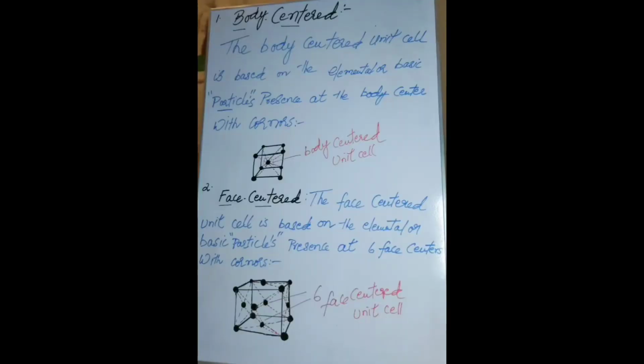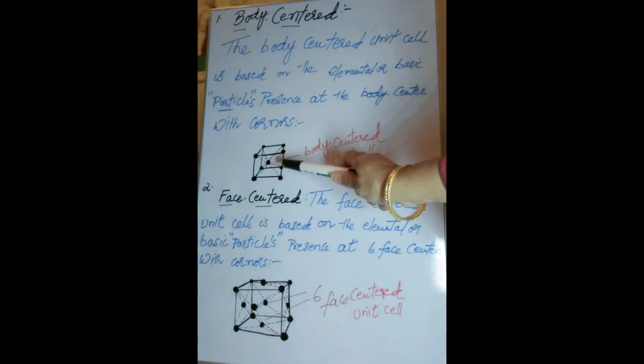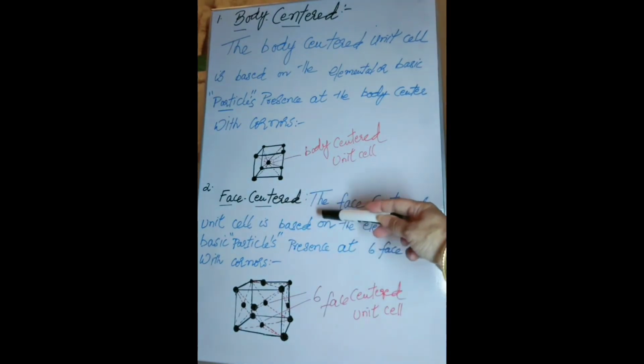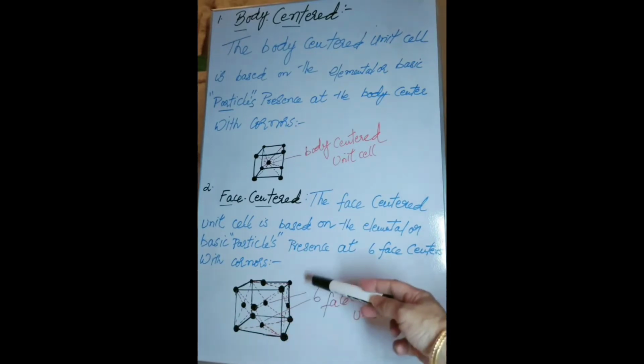The body centered unit cell is based on the elemental or basic particles present at the body center with the corners. This is called body centered unit cell. Whereas number 2, the face centered, here you can see this is a 6-face centered unit cell.